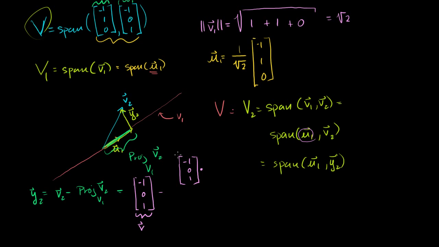So dotting it with u1, so dotting with 1 over the square root of 2 times minus 1, 1, 0. I like leaving the 1 over the square root of 2 out of there just to keep things simple. All of that divided by, actually not divided by anything, because if we were doing a projection on a line, it would be divided by the dot product of the orthonormal basis with itself, but its length is 1, so we don't have that, and we saw that before.